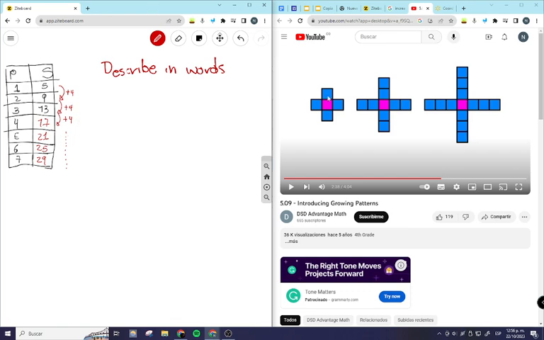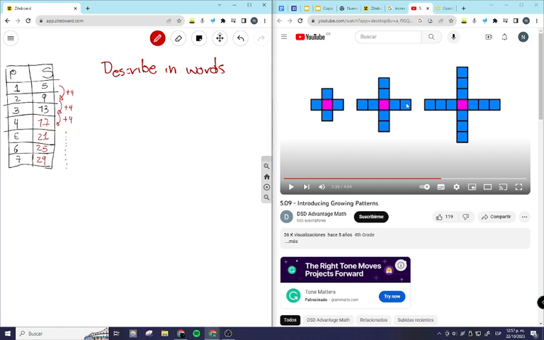Or you can be more specific and say that it's in the shape of a cross. You have a central square, and in each position, starting from the first one, you have 1 square more in each one of the directions of the cross. So next position, you add one square here, one square here, one square here, one square here, and so on. The idea is to say in words what you observe of the pattern. It can differ in any single problem, but the idea is to describe what you see and how the pattern is behaving.